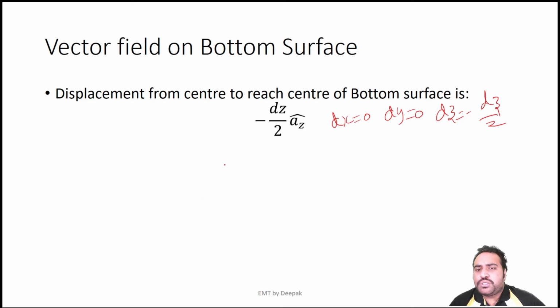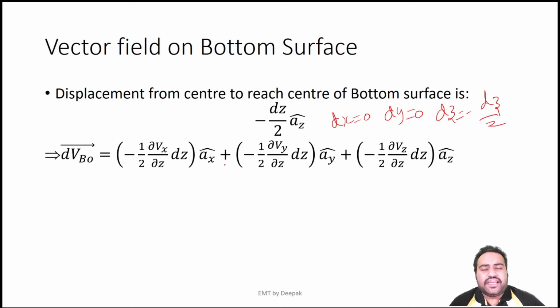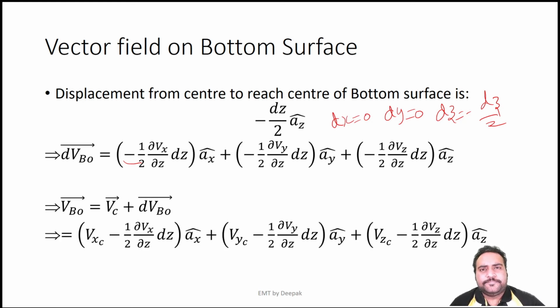So if you substitute those values, the answer you will be getting is this. Negative sign indicates decrease in z. Now, what is the value of vector field at the bottom surface? The value of vector field at the bottom surface is the change plus the original value, that is this.